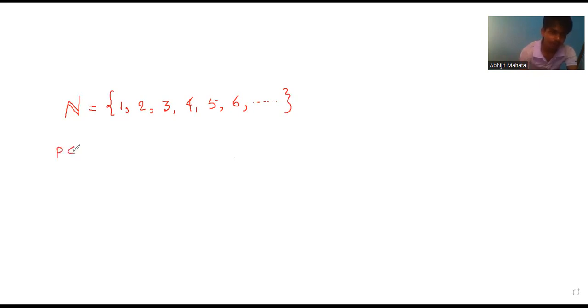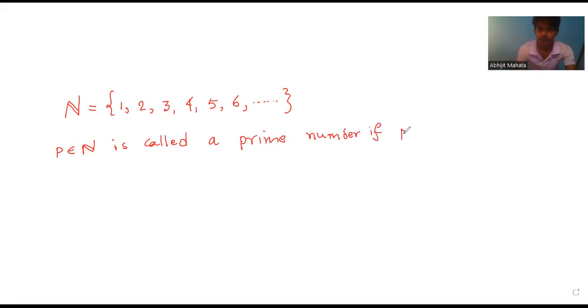So p belongs to N is called a prime number if p is greater than 1, by definition, and the only divisors of p are 1 and p.